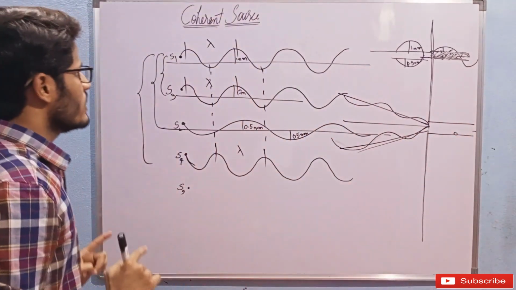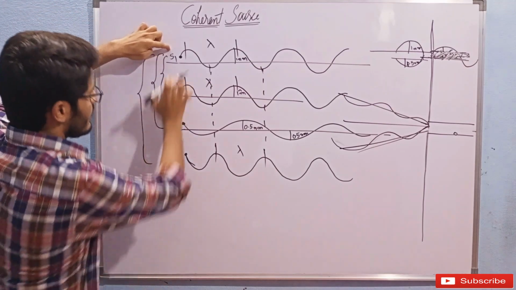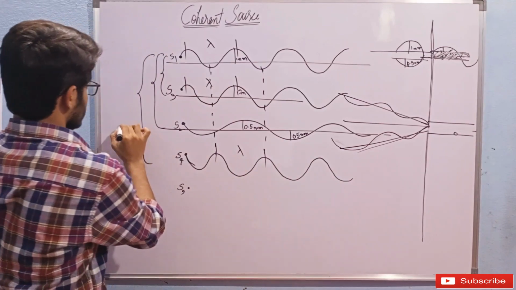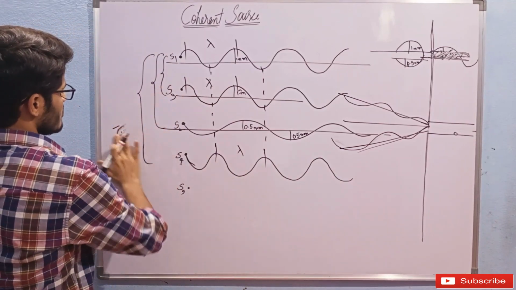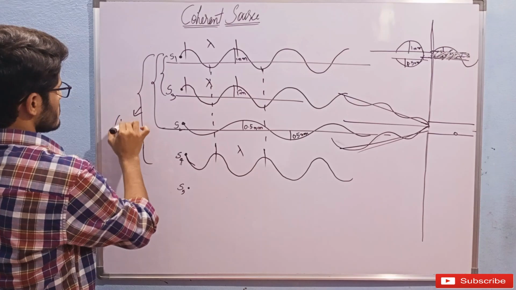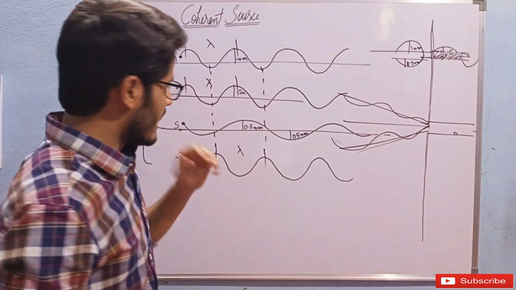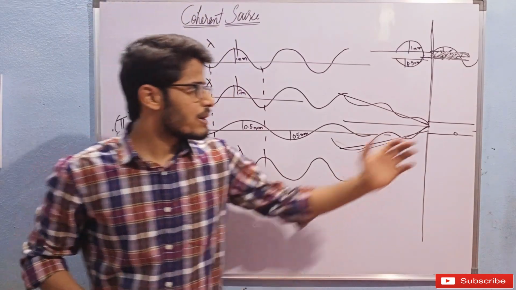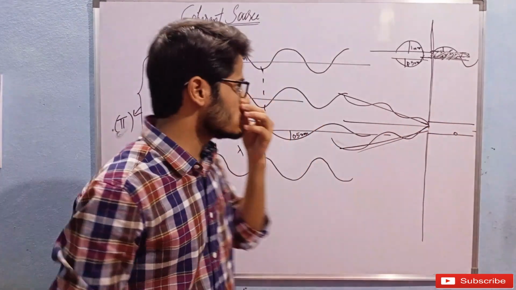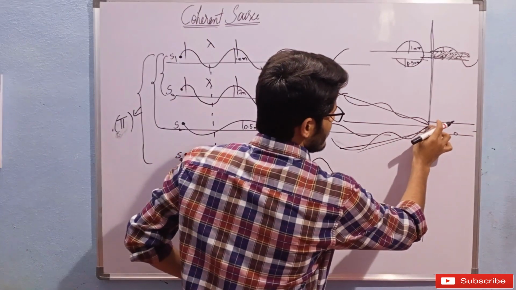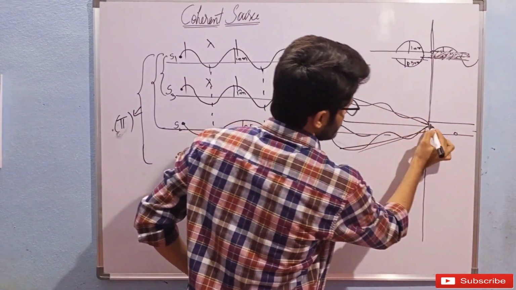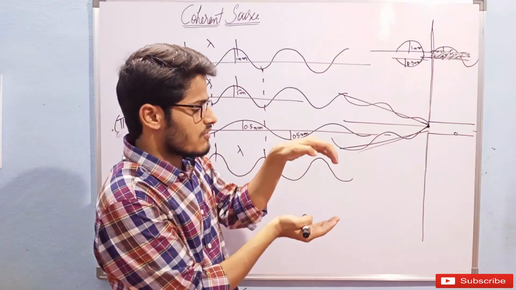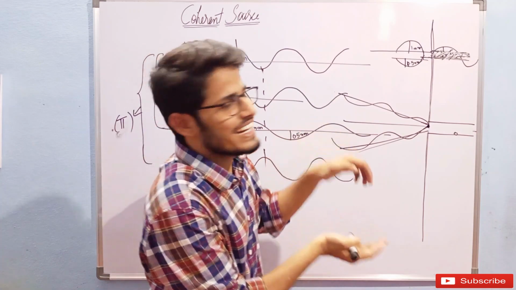But if you take coherent sources having a phase difference of pi, 180 degrees, in this case you won't get a bright spot at the center. Why? Because after traveling equal paths from their sources to the point O, when they meet, the phase difference between them will be 180 degrees.